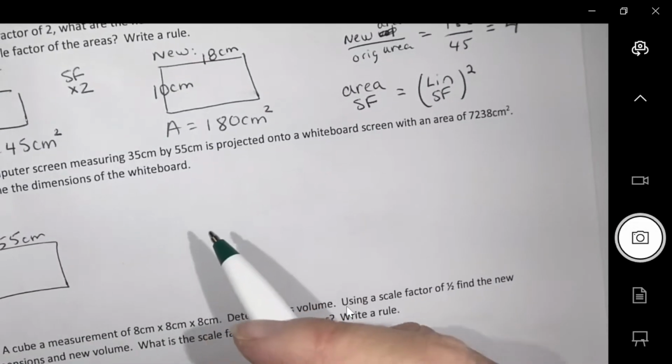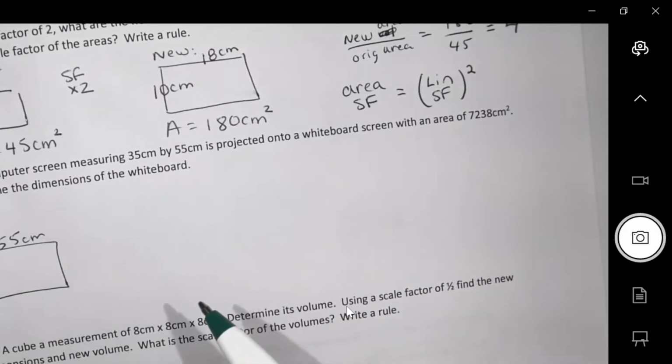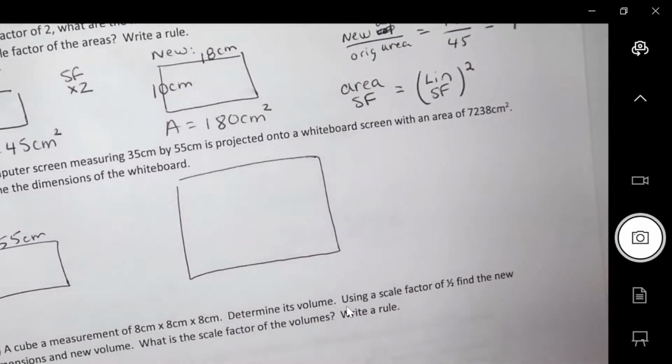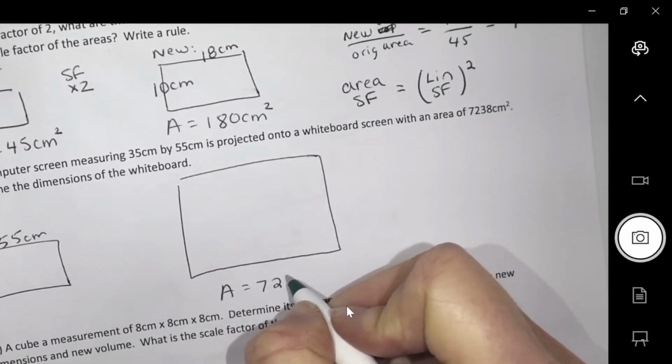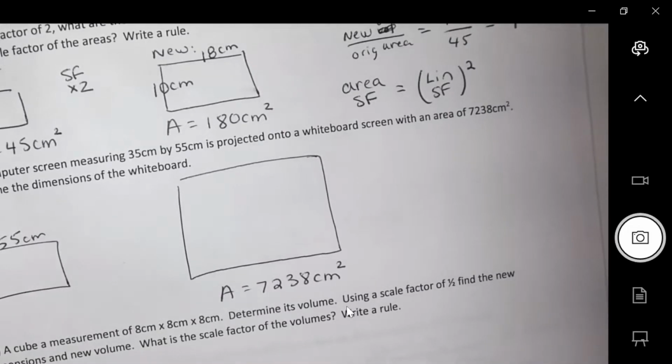Okay, so I'm just thinking real life, a computer screen, when I project it up there, it's going to get bigger, right? So I'm going to be blowing something up, and then I know that this is the area. Okay, so that's the given info.